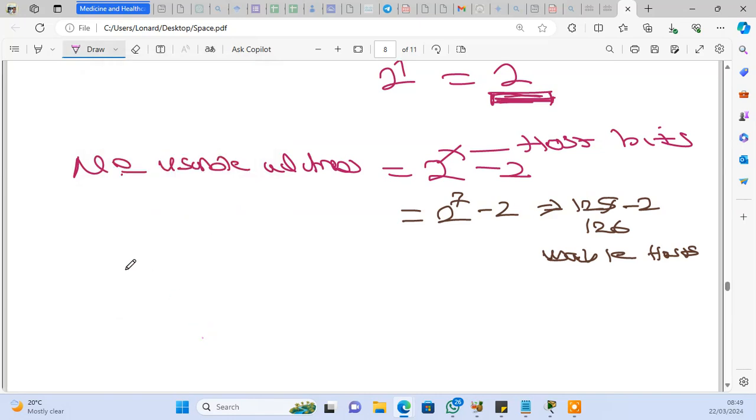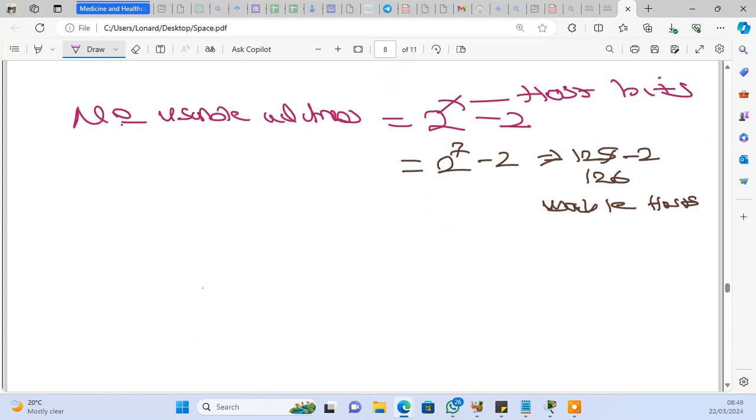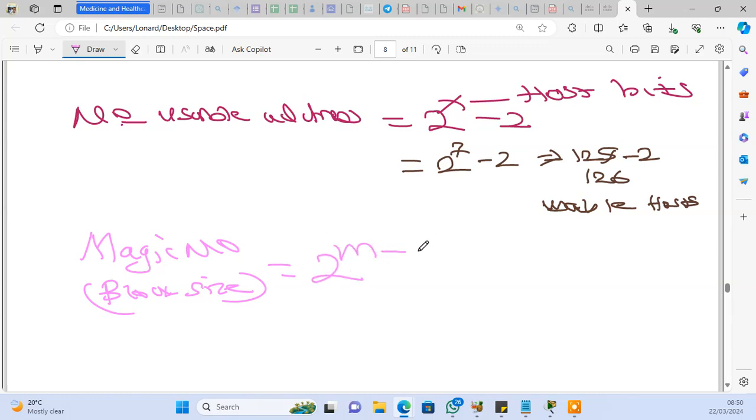Then the last formula, it is the magic number. So we need it here. Our magic number or the block size is equal to 2 power m, and m, these are host bits in an octet boundary.